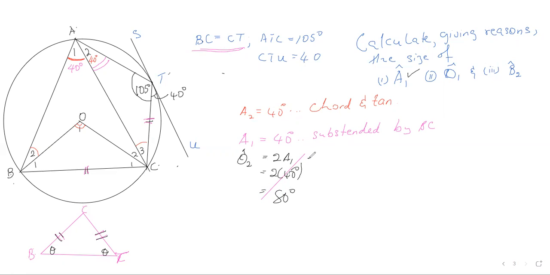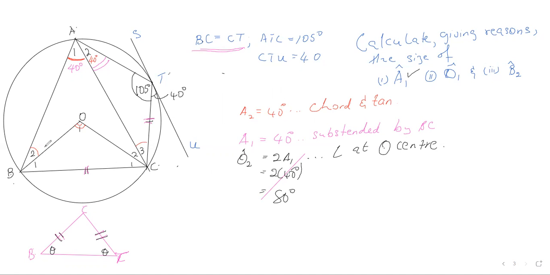And the reason is the angle at the center is twice the angle at the circumference. Now we are left with B2. B2 is this one here.